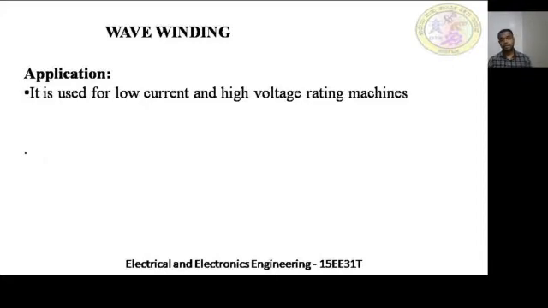Nowadays, there are digital Meggers. The Megger is used to measure resistance. There is a built-in DC generator with wave winding, which requires high voltage but small current. So the Megger is the best example for wave winding.